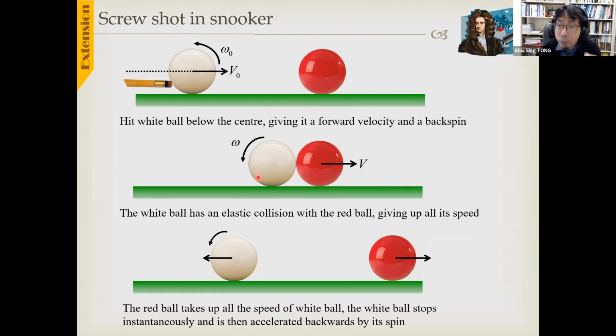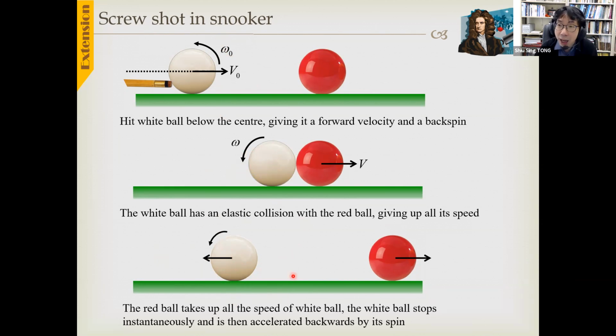Now, if the white ball does not have any spin, it will stand still after the collision. But the white ball has some rotation. So when we transfer all the linear momentum to the red ball, it still has some rotation, and the rotation is in the backward direction. That rotation will tend to roll the white ball backwards, and so the white ball will be rolling backwards. And that is called a screw shot.